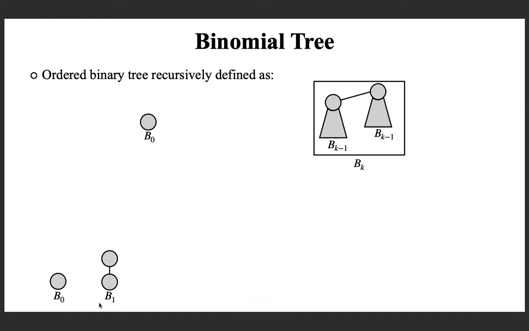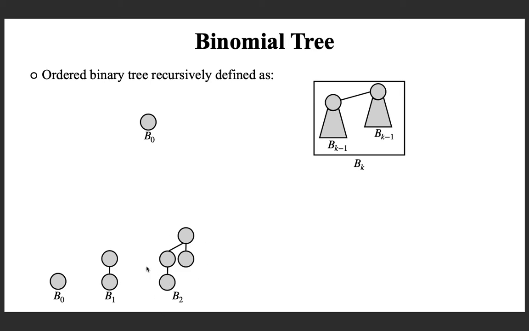You are taking two B0s, this and this, and you are attaching one B0 as a child of the other. So you are obtaining B1. Similarly, if you take one more copy of B1 and hang it here, what you are getting is called B2. I think now the technique is clear.